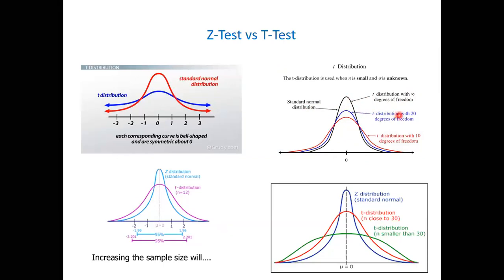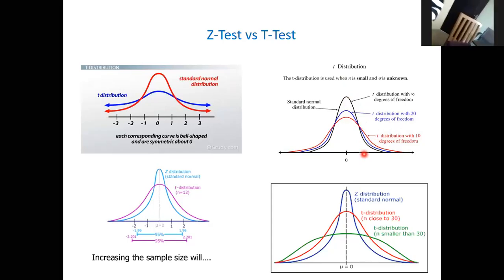Look at the T distribution with degree of freedom 20. Look at the T distribution with degree of freedom 10. Can you see? The lower the degree of freedom, the flatter the graph and the wider the base. But if you look at all these different graphs, the area under each of them is the same, while the flatness and tallness vary depending on the degree of freedom.